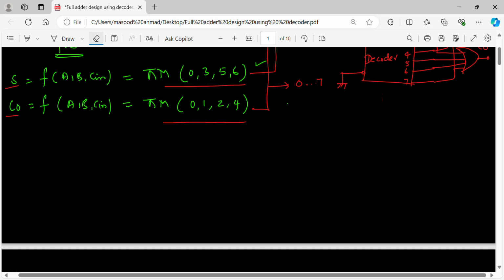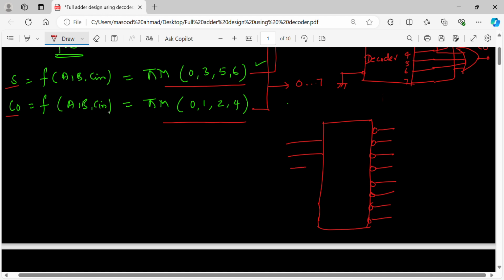So what I try to do is take up the decoder now with what is known as active low outputs. There are eight active low outputs, 3 active high inputs A, B, C, and 1 active low enable which is connected to ground.